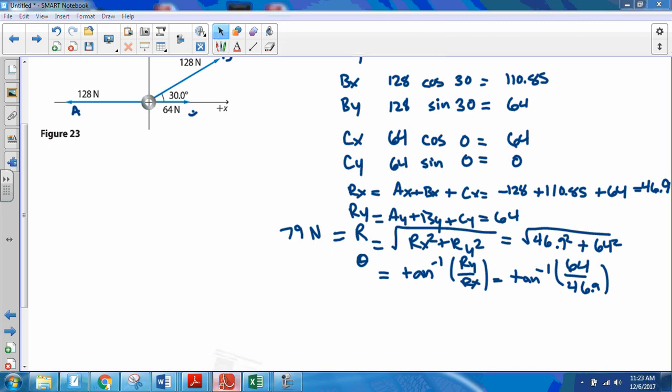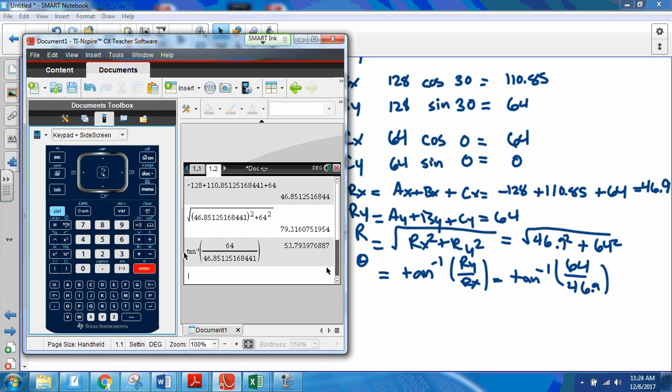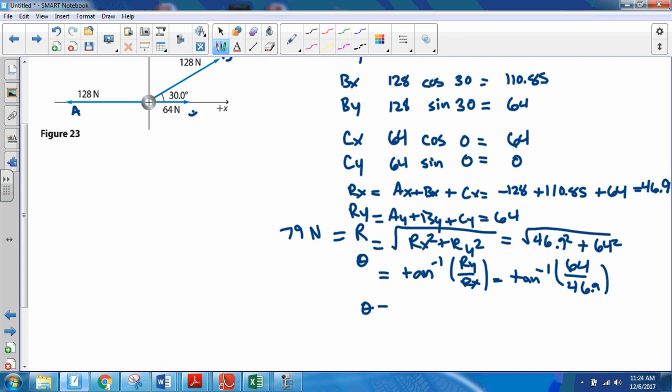Again, I go to my calculator, trig, tan inverse, and I do 64 divided by 46.85, all that good stuff. Enter. And I get 53.7, which is going to round to how many degrees? Yep, it'll round to 54 degrees. So theta is equal to 54 degrees.